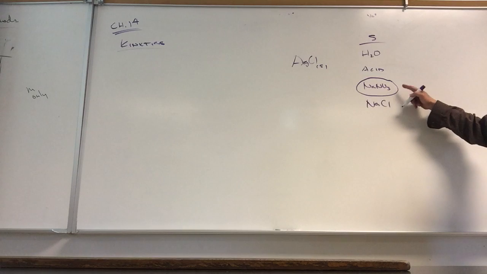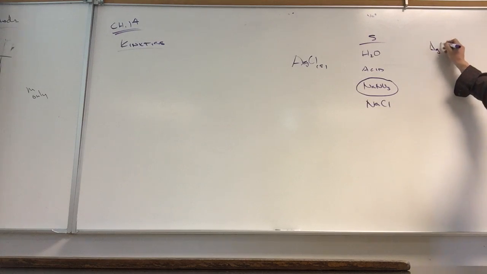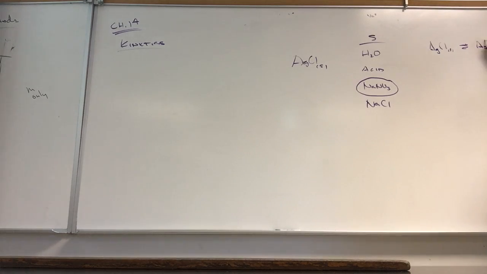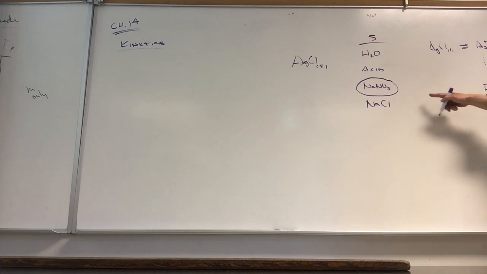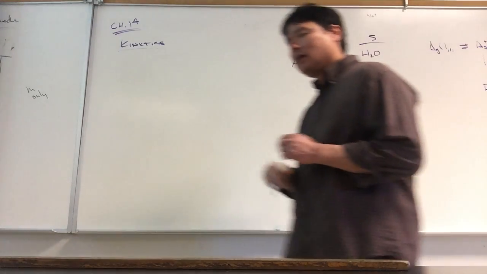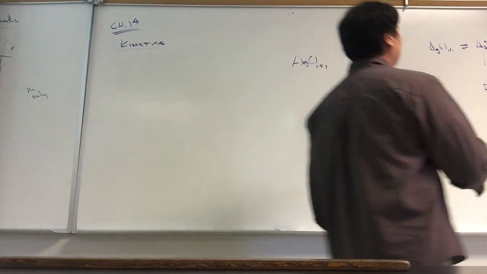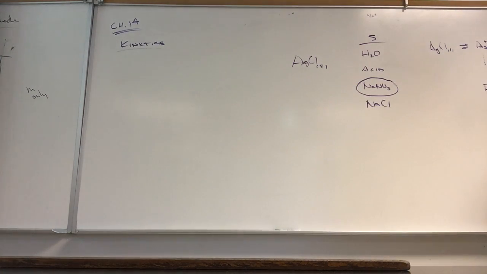I would guess it's most soluble in sodium nitrate because what's going to happen is the silver ions will be surrounded by, especially if I have a high concentration, I need a fairly high concentration of nitrate. So the silver ions should be surrounded by waters, but let's say a nitrate comes by.